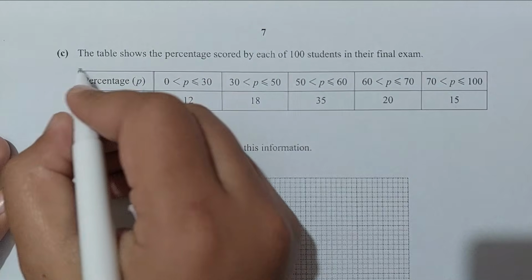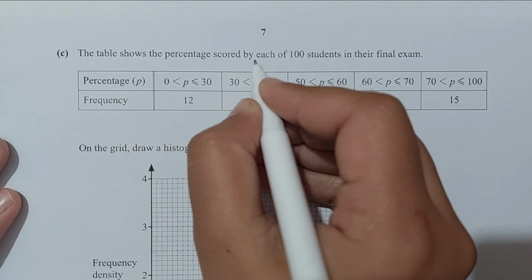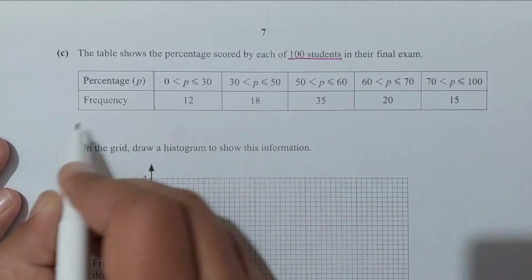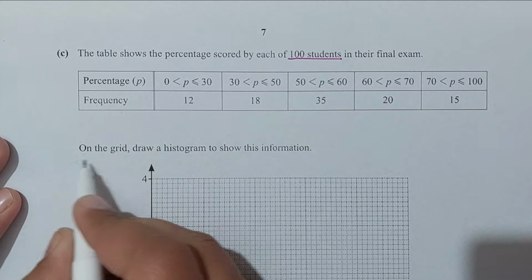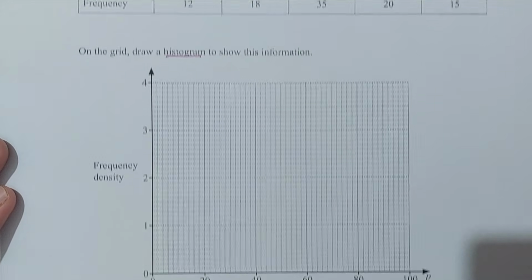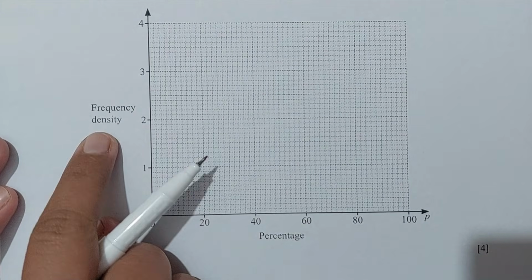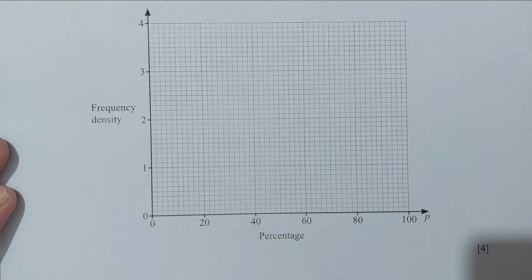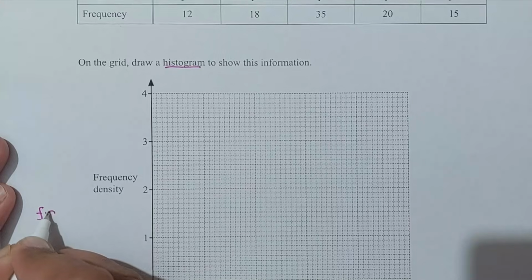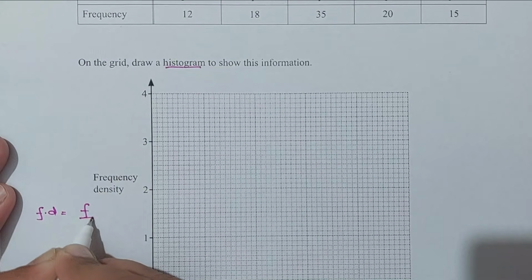Now for part C, the table shows the percentage scored by each of 100 students in their final exams, the percentage and the frequency. On the grid, draw the histogram to show this information. So for a histogram, we need the percentage and the frequency densities. The formula for frequency density is frequency divided by the class width.